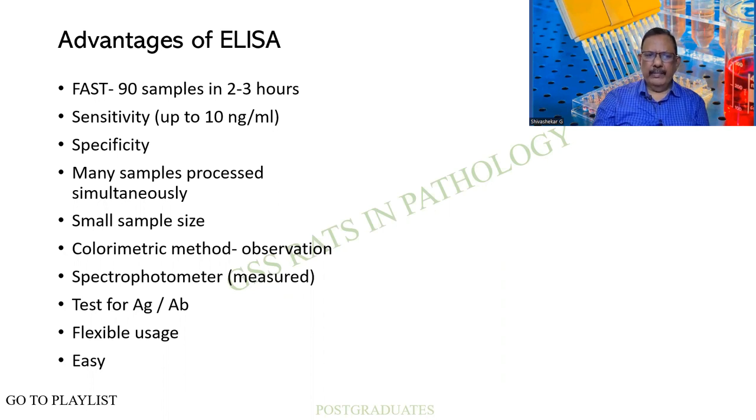Small sample size. It is a colorimetric method, therefore the human component has been removed. A spectrophotometer can be used for measuring the test for antigen and antibody. So there is not much visualization.